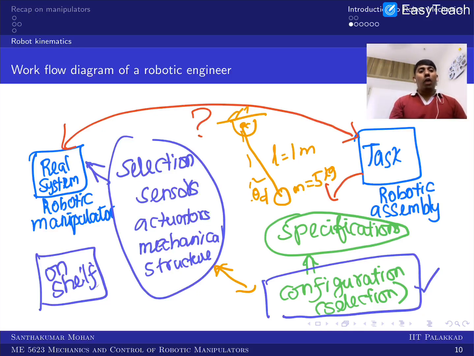Now I am asking you to come up with the prototype. As per our mathematics, we usually say this is a massless rod. Can we take a grass straw and put it with the 5 kg bob? No. Even if I choose a proper material, can I just glue it here or here? No.